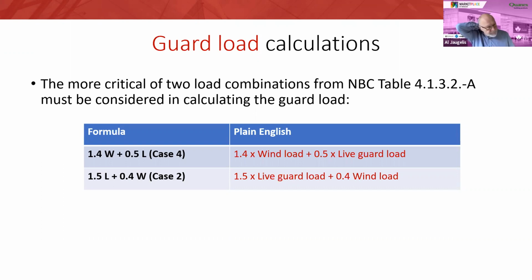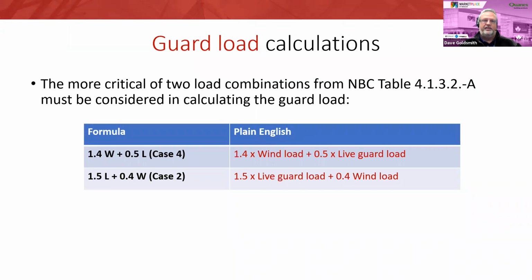From that table that was earlier in the presentation, you've got principal loads and companion loads. And the idea behind this is the building code doesn't require you to design for the worst case scenario simultaneously.